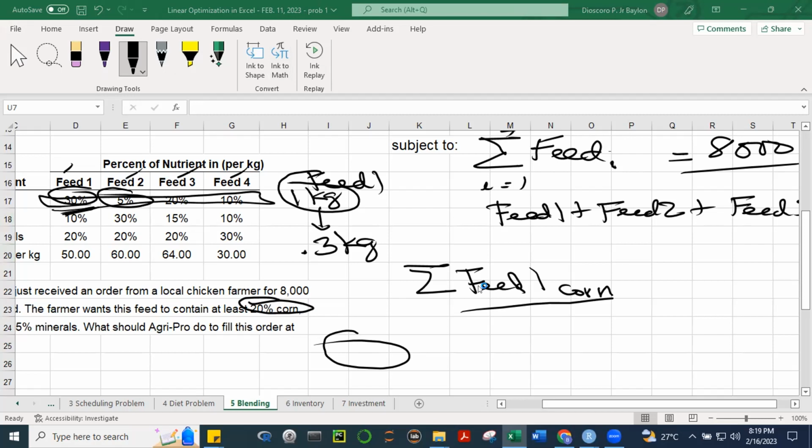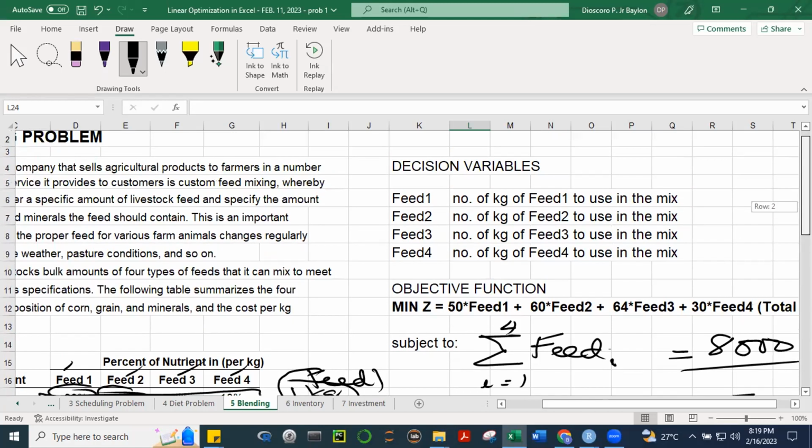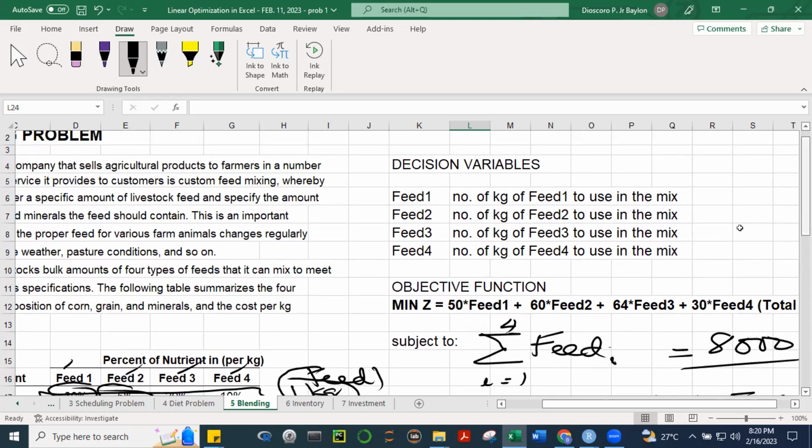Okay, but my question is, how much corn are we going to generate for feed 1? It will refer to how much feed 1 we are going to use. Class, how much feed 1 are we going to use? We defined that already, di ba? We're going to use feed 1 kilos of feed 1. Sorry for the redundancy, no? So feed 1 refers to the number of kilos of feed 1 to use.